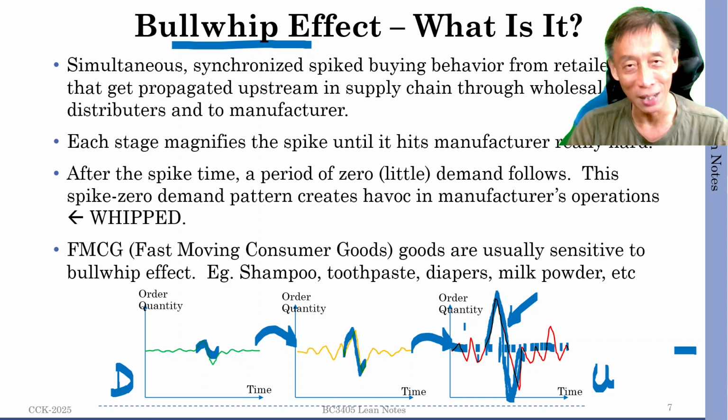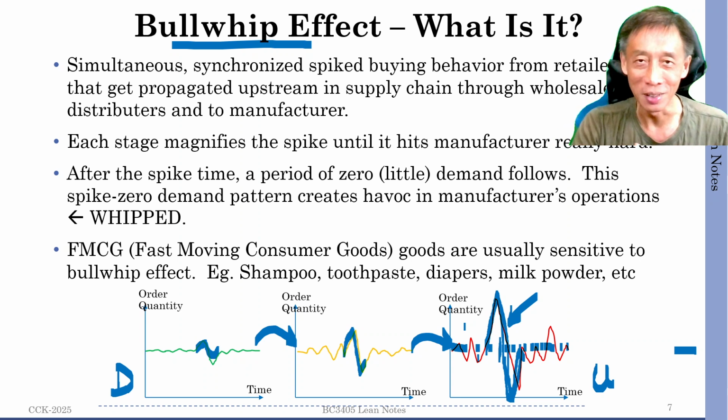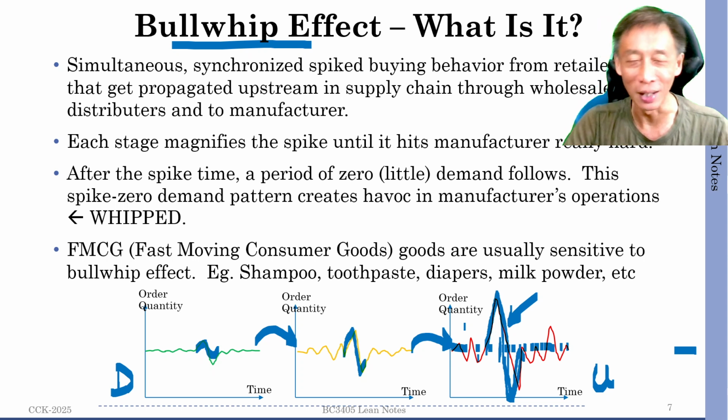No matter how you try to avoid it, it is very much present when you make local, this word called selfish, decisions. I think it's not about selfishness, but about running your business and making decisions to optimize locally, only to contribute to the macro effect of having a bullwhip on the manufacturer, right?